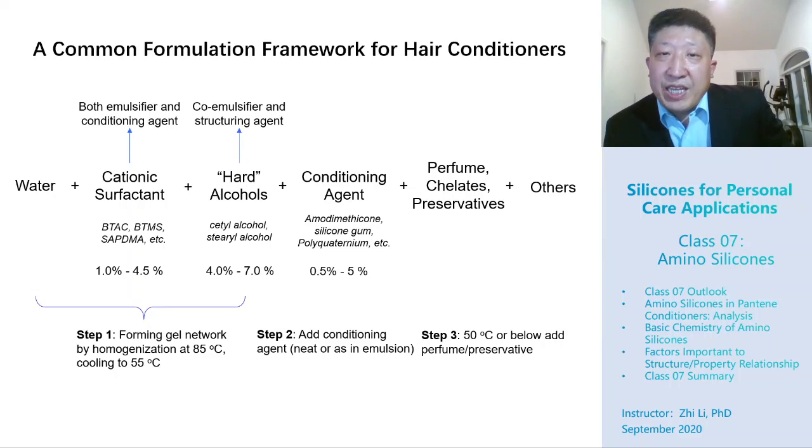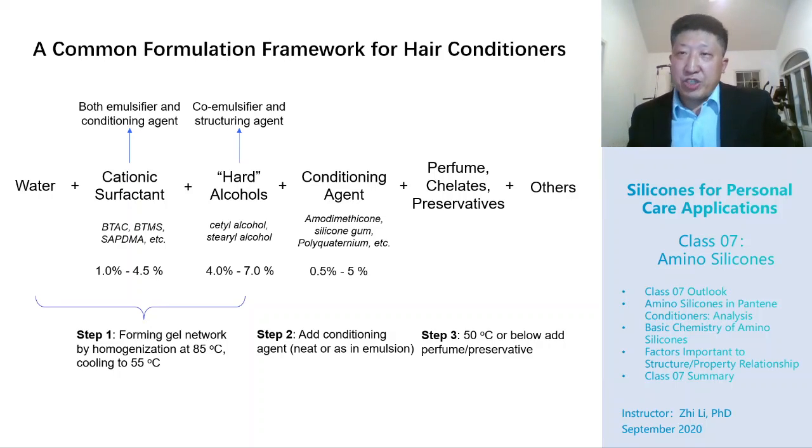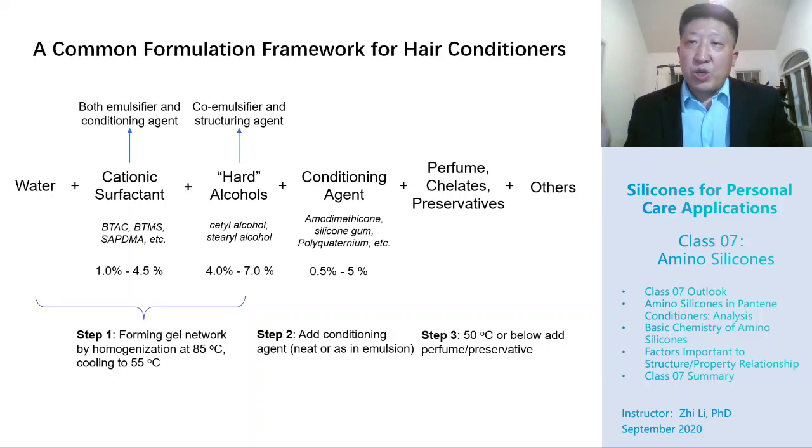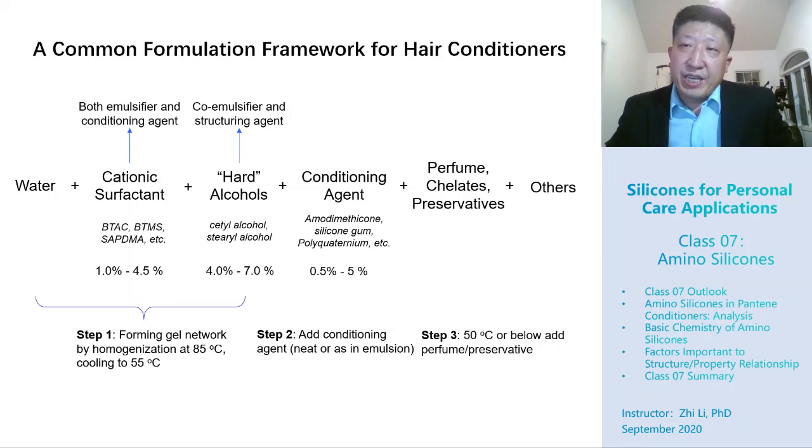BTAC, which has a C22 long alkyl chain with a quaternary ammonium group and chloride counter ion, and BTMS, very similar to BTAC but with a slightly different counter ion, methyl sulfate. And there's also stearamidopropyl dimethylamine, which is a tertiary amine, also involving a very long alkyl chain.